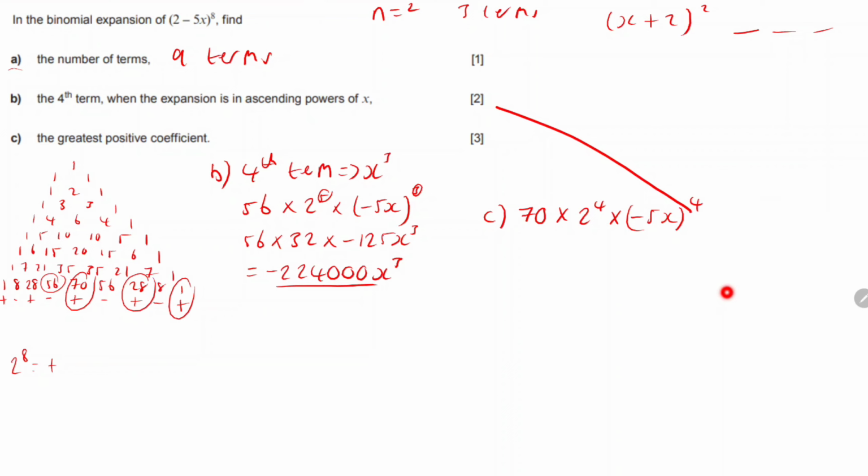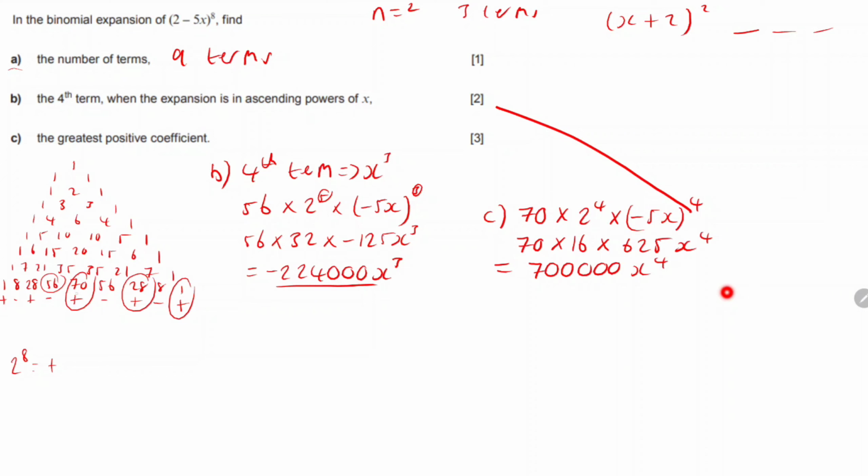So that's going to be our calculation for the coefficient, which gives us 70 times by 16 times by 625 x to the power of 4. We can multiply those numbers out. 70 times by 16 times by 625, and that gives you 700,000 x to the power of 4.